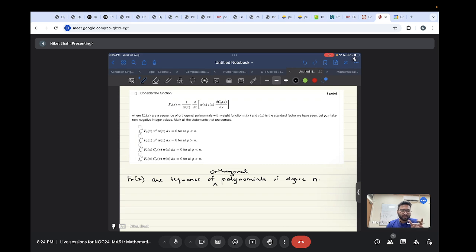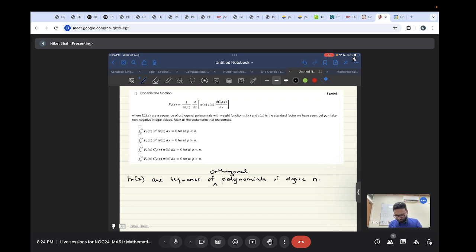It gives some three-term recurrence relation, and you put that recurrence in the orthogonality relation, and you see that for polynomials of order less than n, the function f_n is orthogonal. You see that there is an orthogonality relation being satisfied.